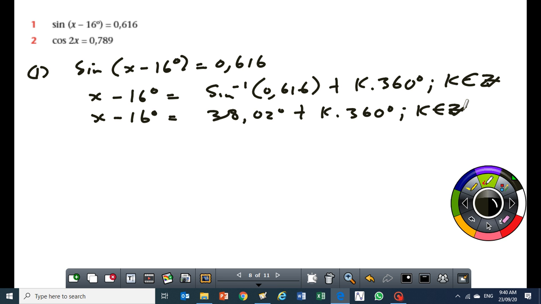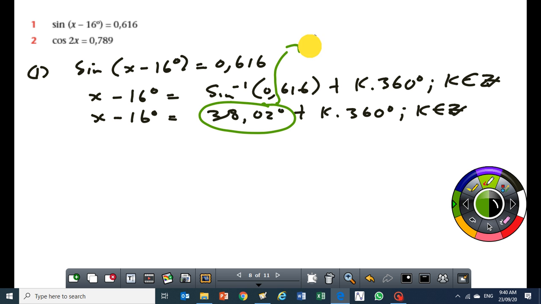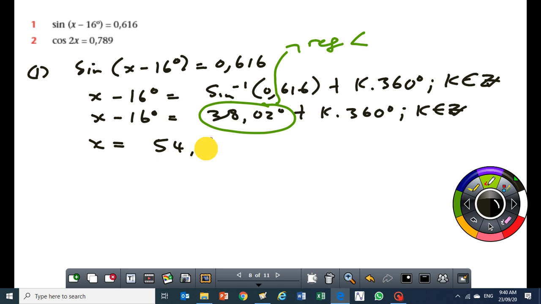So here, we take the minus 16 to the right hand side. Your reference angle is this. That's the reference angle. It has a corresponding angle in the second quadrant because it is positive. So you get x equal to, if you add 38.02 and 16, 54.02 degrees plus k times 360 degrees, where k is an element of z.